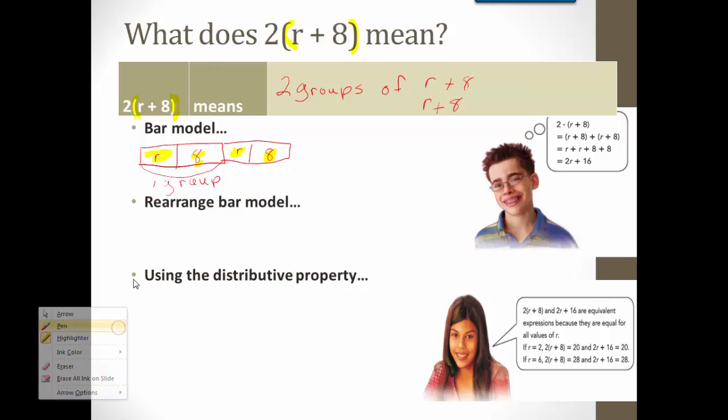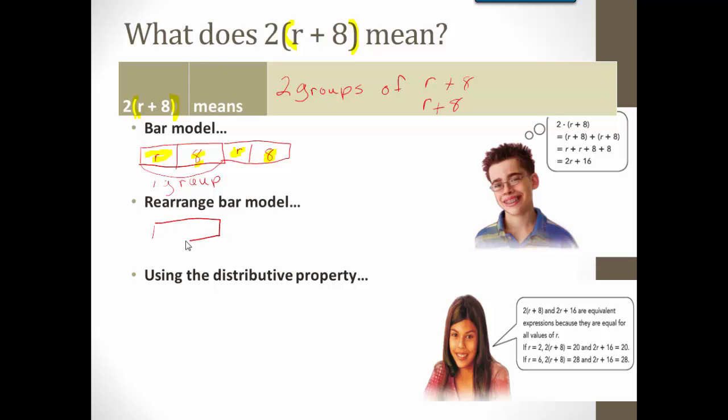So I can rearrange them, and I can put my r's together, and I can put my 8's together. So this is 2 r's, and this is 2 multiplied by 8.